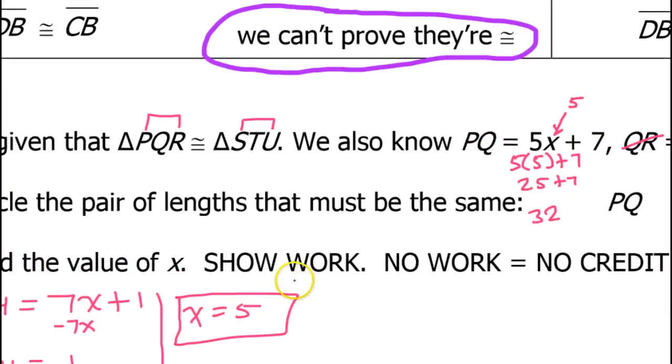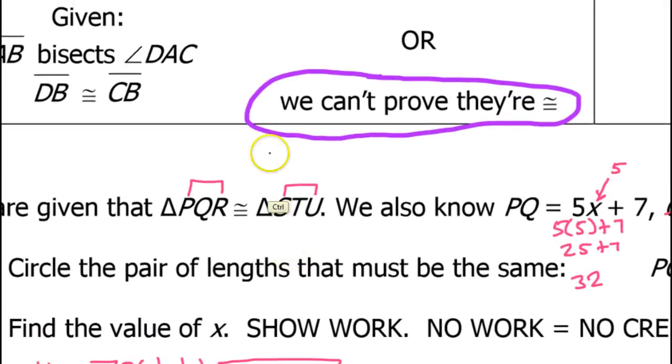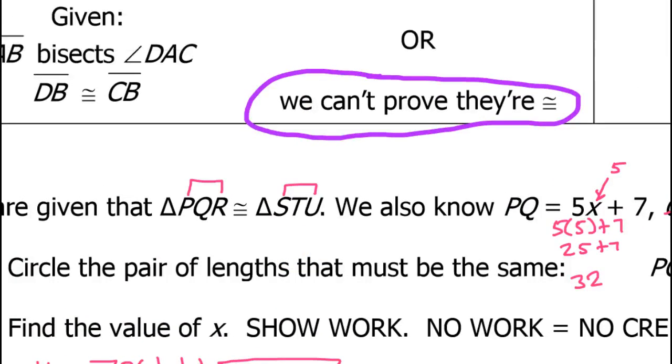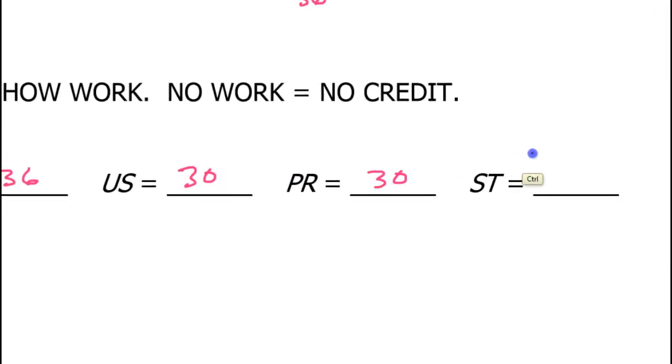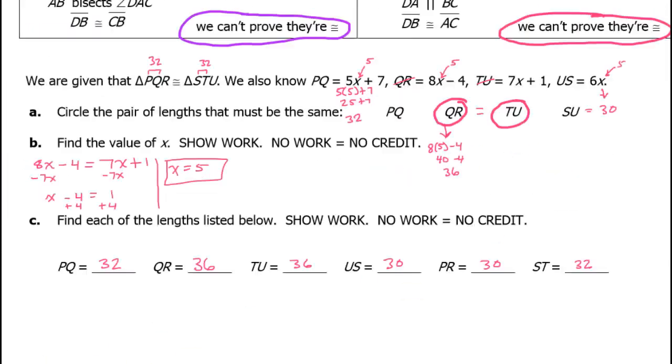Now, just to save myself a little bit of time, PQ should be the same thing as ST, the first two and the first two. So if this is 32, then ST should also be 32.